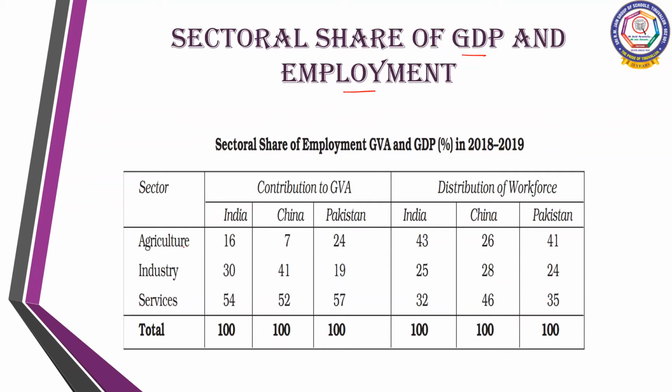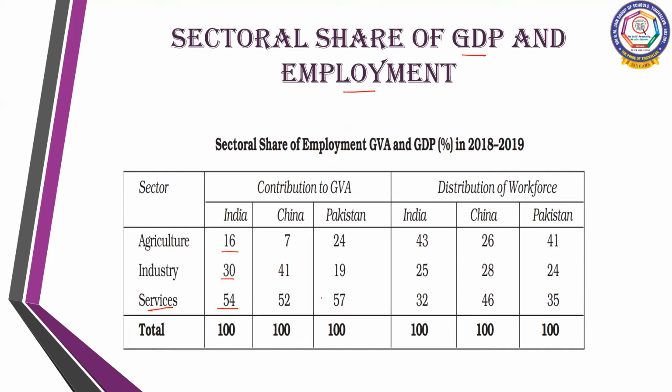From this tabular representation, we understand that the sectoral contribution to GDP in India, China, and Pakistan is the highest from the service sector, or we call it the tertiary sector. In India, it is the highest at 54%, followed by the industrial and agricultural sector at 30% and 16%, respectively.